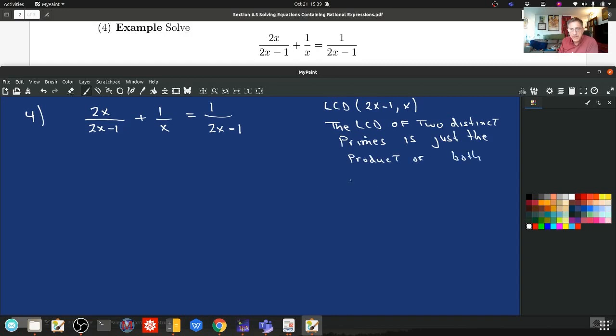So my LCD is equal to 2x minus 1 times x. That's going to be my LCD, and I'm going to get ready to multiply both sides by my LCD. But I'm not going to do it until I actually find out the values that need to be excluded. So you leave them in their factored form. That's important.